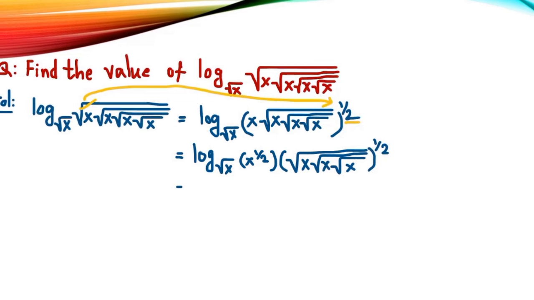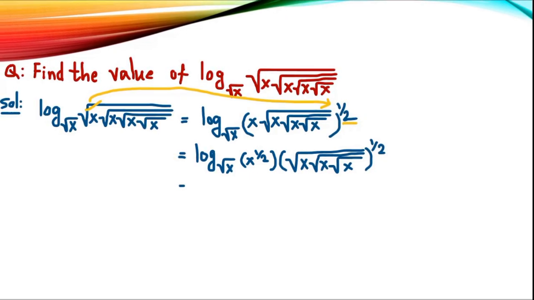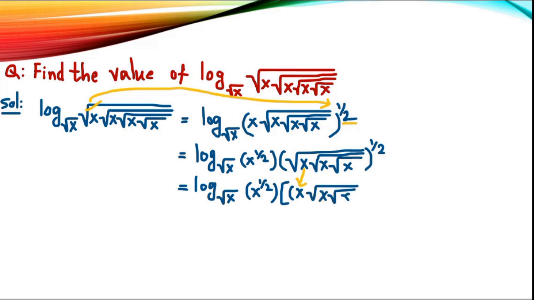Now changing the second square root as power. Now the expression becomes log base square root of x of square root of x to the power of 1 by 2, of square root of square root of x, whole to the power of 1 by 2 and whole to the power of 1 by 2, because we already have 1 power 1 by 2 and now we are changing the second square root as power 1 by 2.